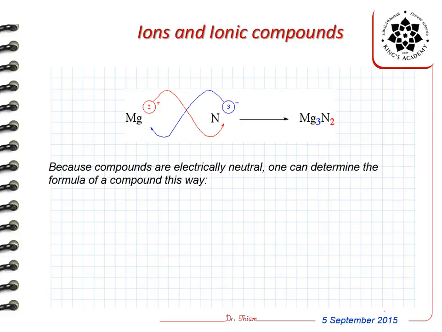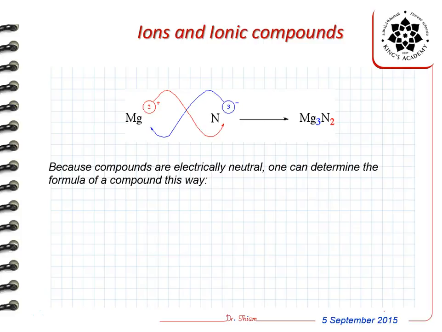To get the actual formula, since we have 2 positive charges and 3 negative charges, we look at the least common multiple, which is 6 for both, which means that we will need 3 magnesium ions and 2 nitride ions. So this results in the formula Mg3N2.